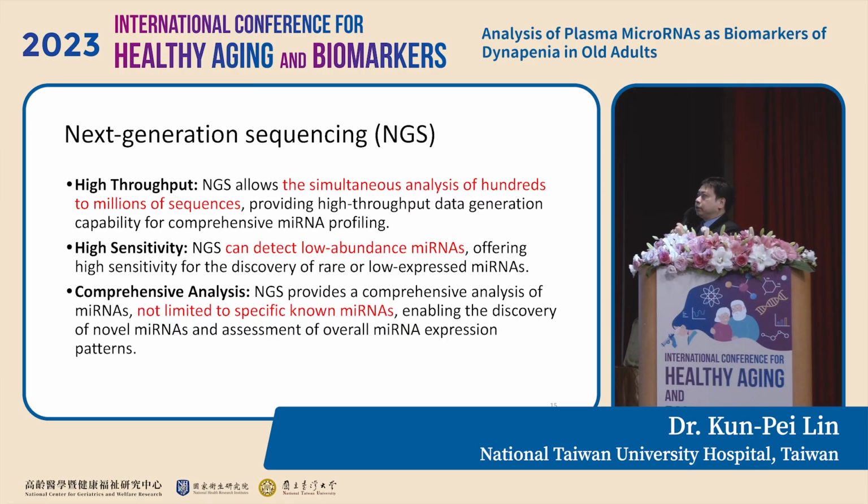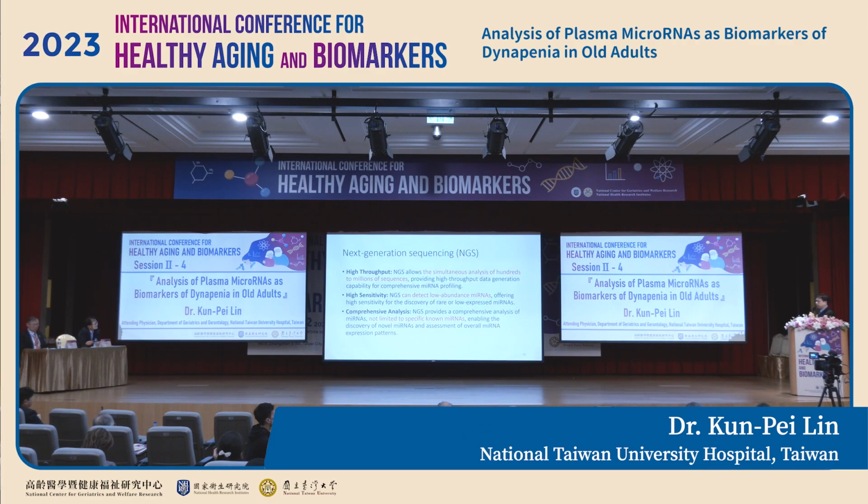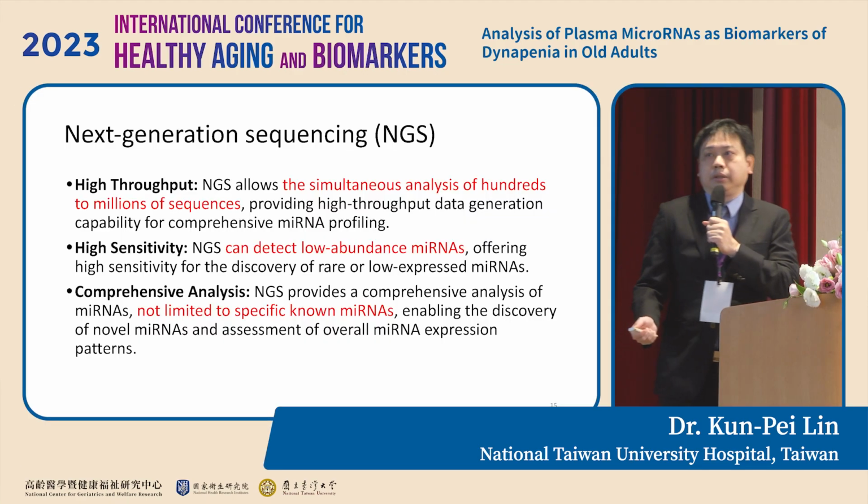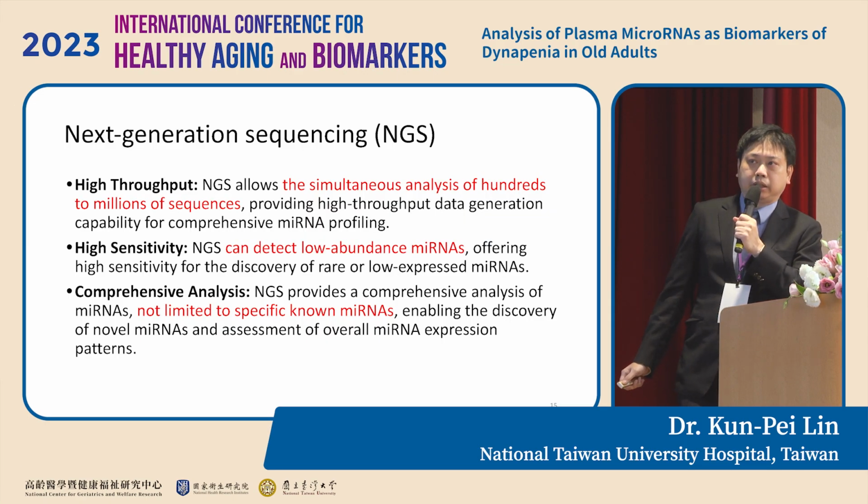Why did we choose next generation sequencing? It has 3 advantages. First is high throughput. NGS allows the simultaneous analysis of hundreds to millions of sequences, providing high throughput data generation, and is compatible with comprehensive microRNA coding. Second, it has very high sensitivity.